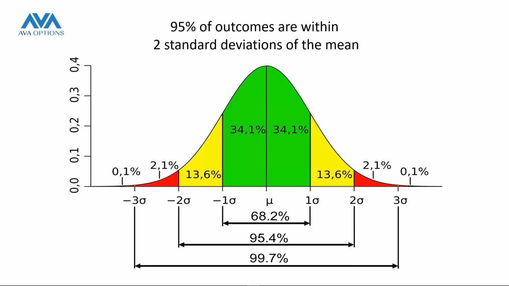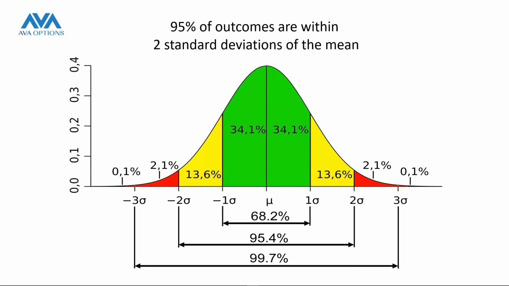Don't get too bogged down in the math, but basically 68% of our observations are going to be between plus and minus one standard deviation. We are 95% confident that the ball is going to be between plus and minus two standard deviations, and we're 99.7% confident that they're going to be within three standard deviations.